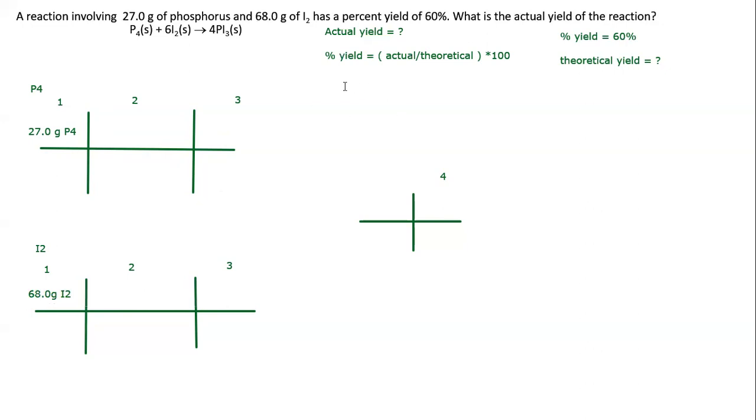Slot 2 is the molar mass of phosphorus, 24 grams. The molar mass of I2, 254.